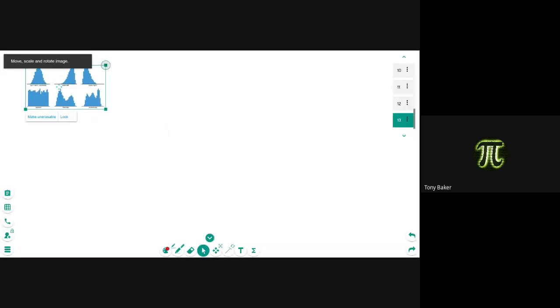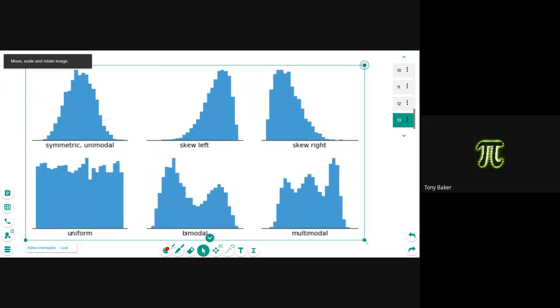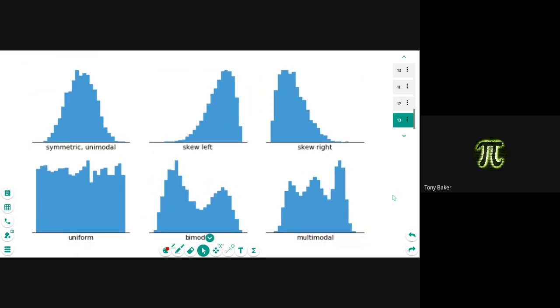All right. Here's a bunch of histograms. So again, there's no actual data on these on purpose because it doesn't really make a difference.